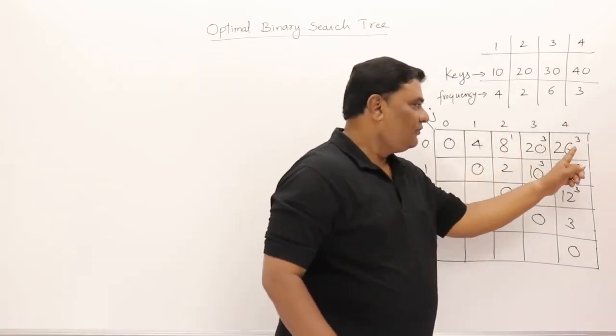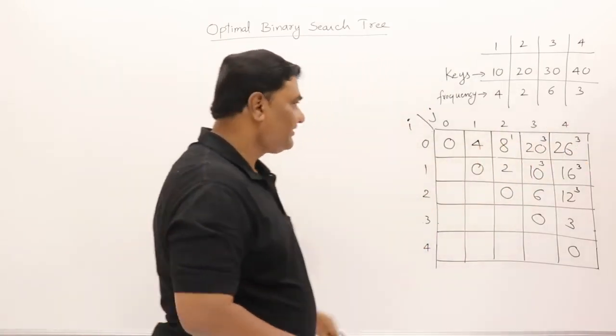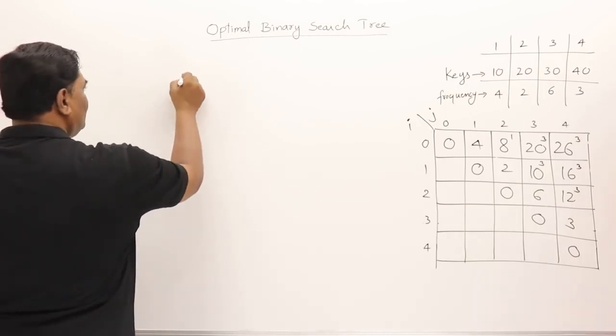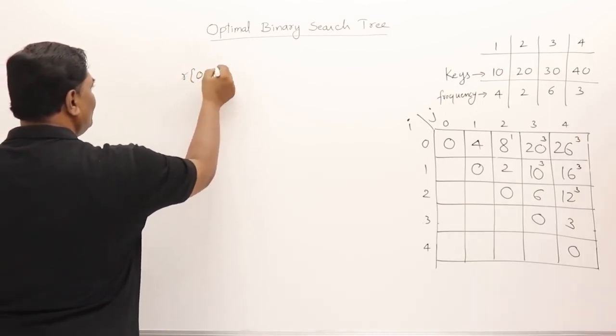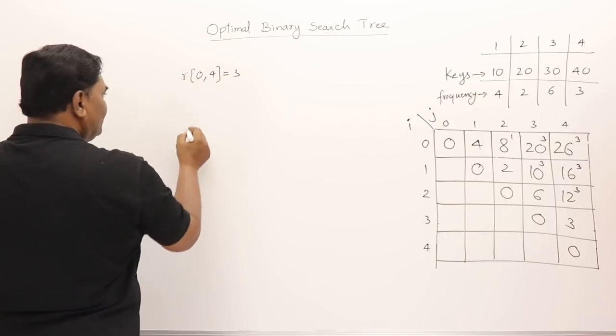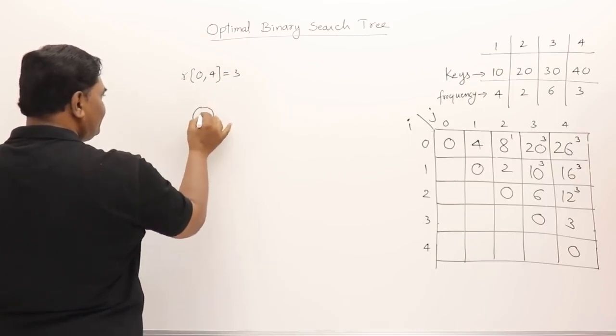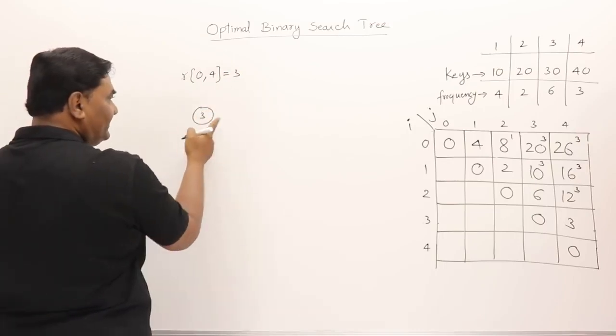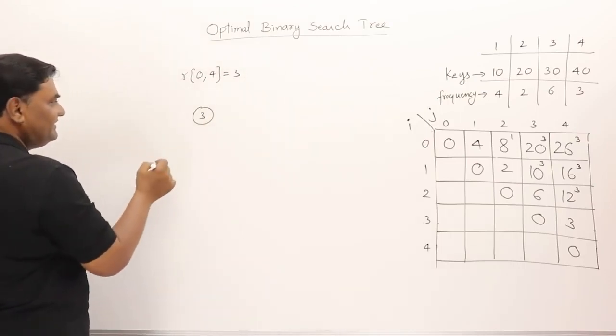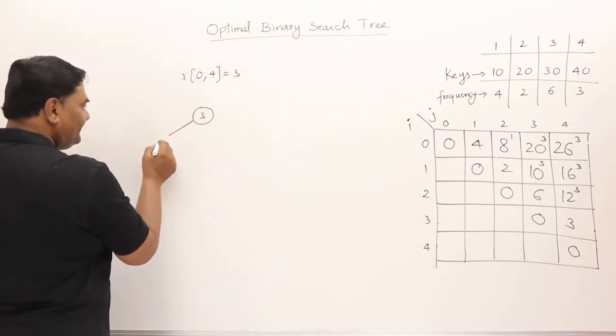This is 0, 4 and the root is 3. So the root of 0, 4 is 3. So if I take the third key as a root, this is a key number, not a key; that is, 30 is the key, this is the key number. Then on this side what will we get?